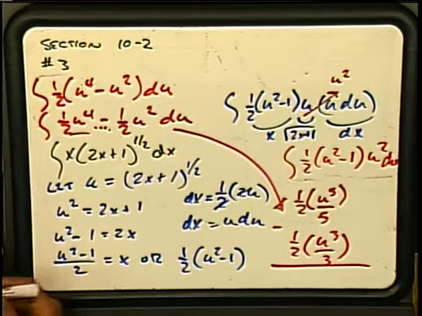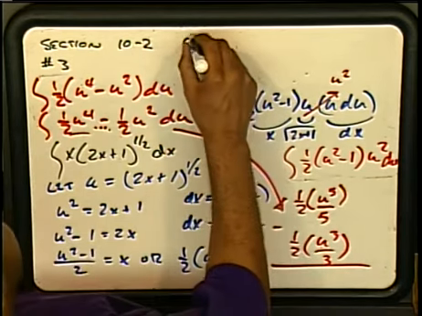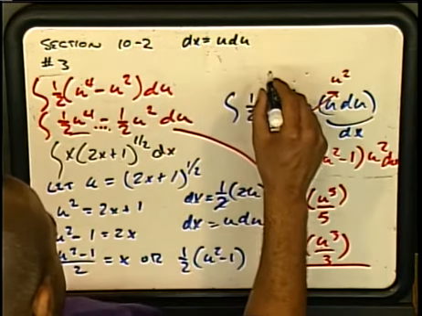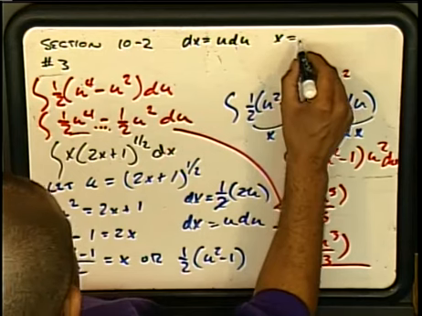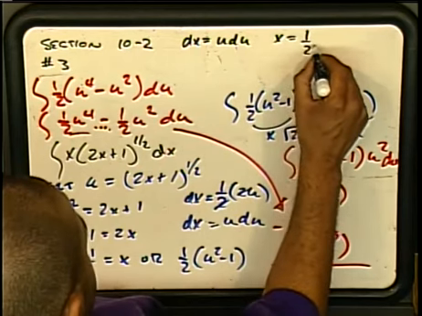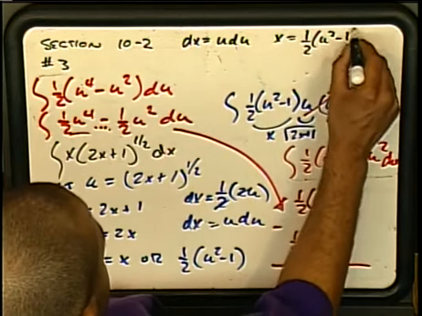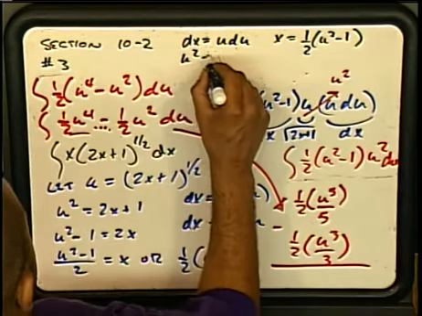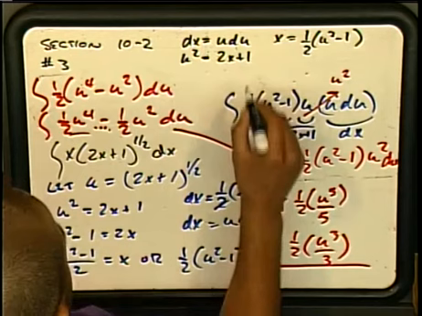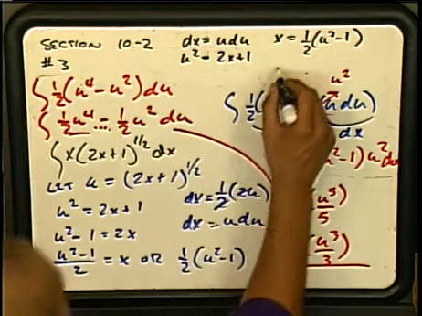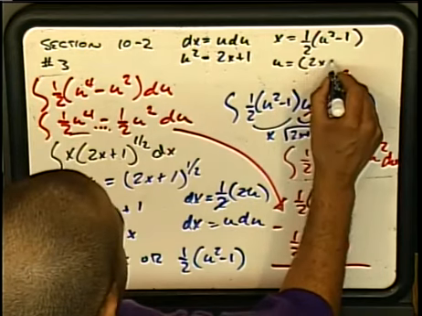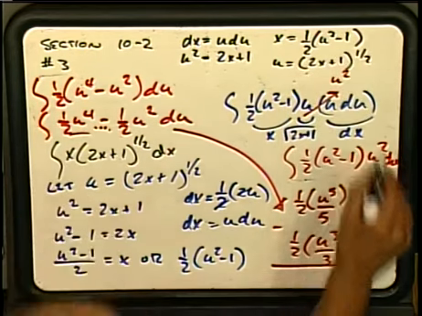So dx equals u du. X equals 1/2 u squared minus 1. U squared equals 2x plus 1. U equals 2x plus 1 to the 1/2.